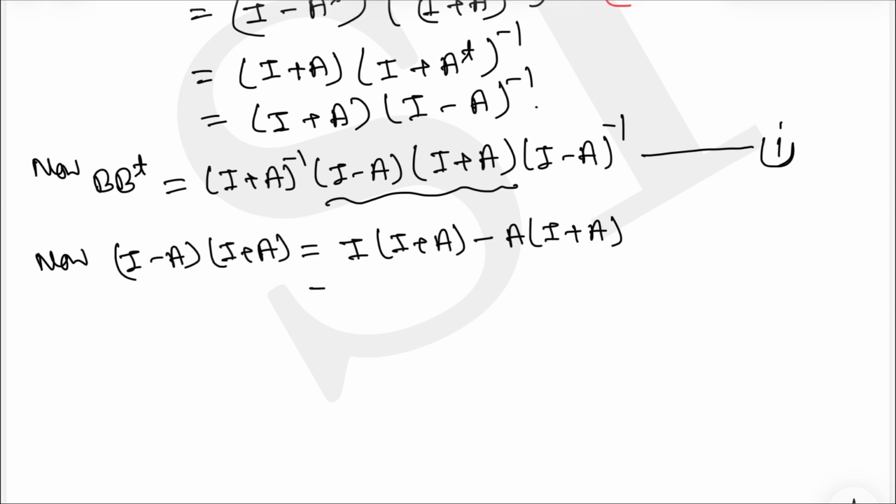So this is equal to I into I, that means I, plus I into A, which is A, and again minus A into I, which is minus A, and minus A into A means minus A square. So plus A minus A cancel, that means this is equal to I minus A square.